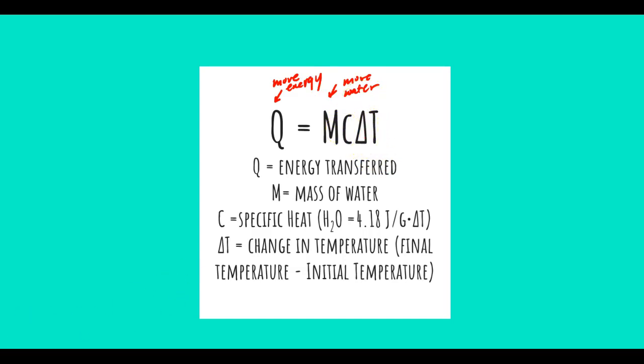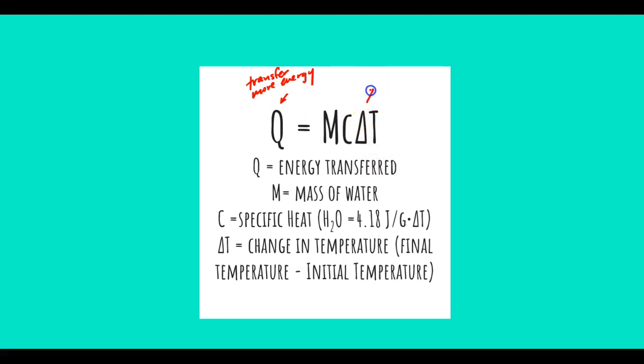On the other hand, we can look at it in another way. So that's a direct relationship, they are opposite each other on the equation. If I transfer more energy into the system, how does that affect the temperature?